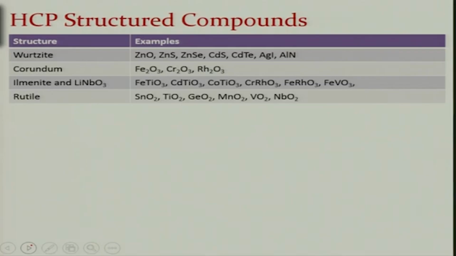Then we looked at HCP structured compounds, which are wurtzite, corundum, ilmenite, lithium niobate and rutile, and many of these are dielectric in nature. Titanium oxide based materials are dielectric, and ilmenite and lithium niobate are dielectric materials. So this is a summary of how the structure of these dielectric ceramic materials evolves.